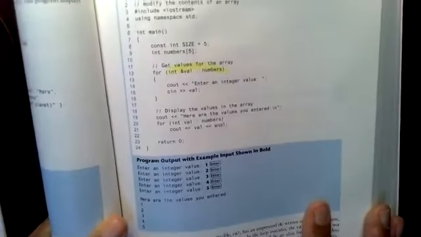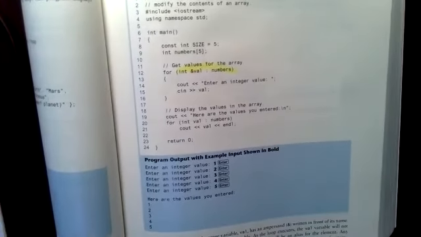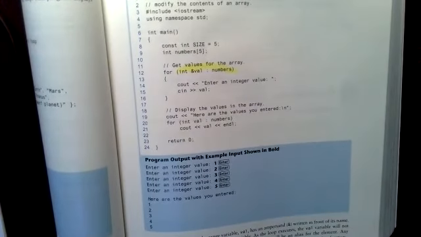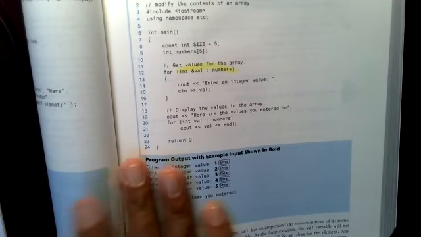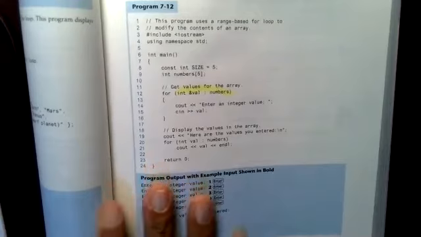I don't know how many of you looked at 7.12. What's going on with 7.12? If I go up to the top, I'm going to cheat.